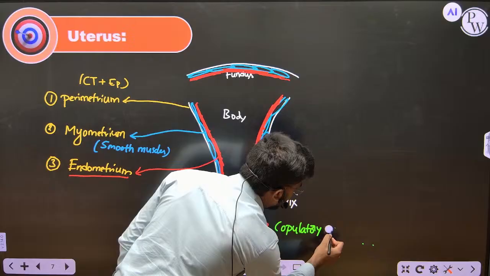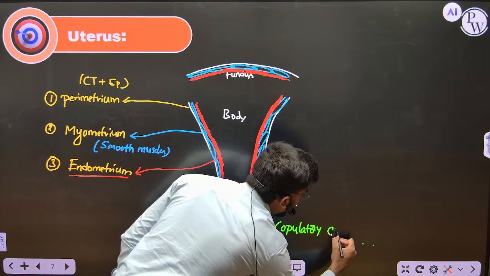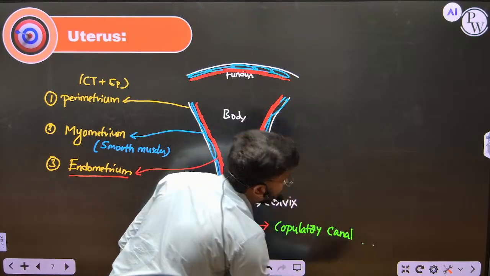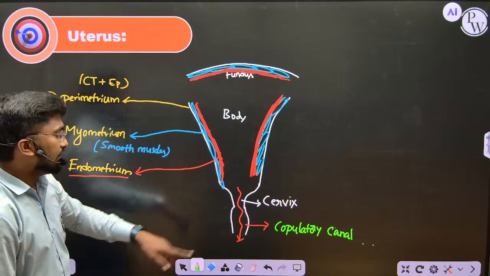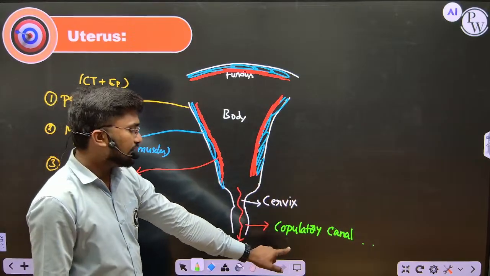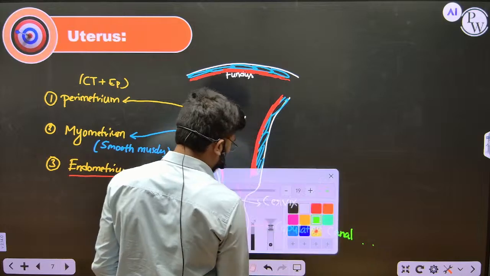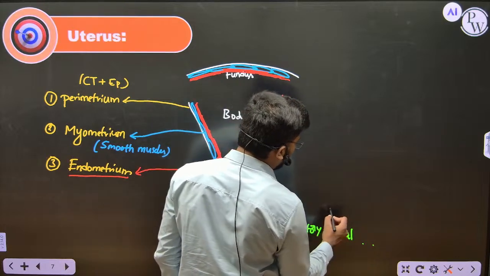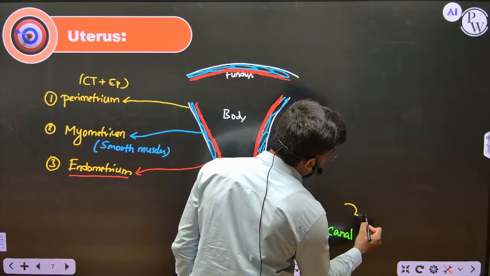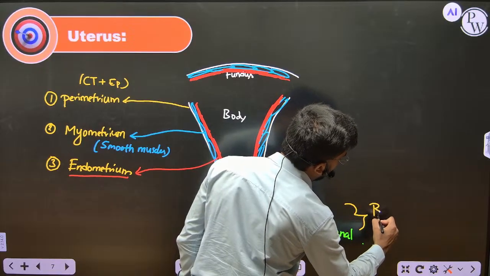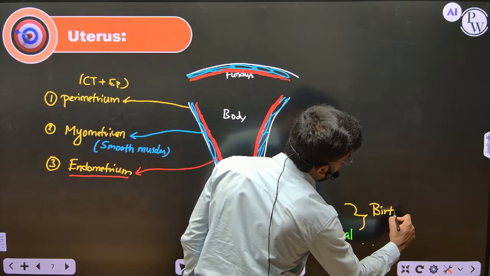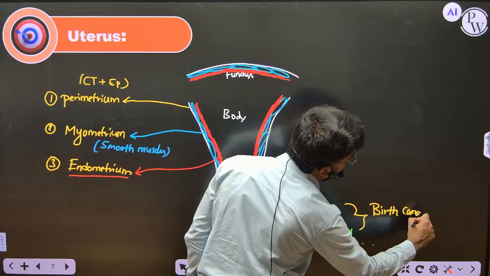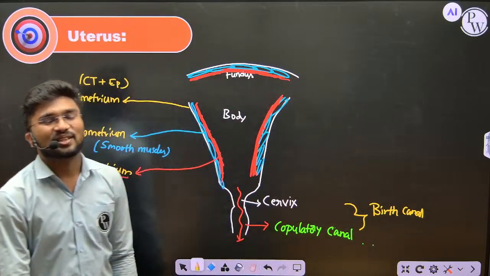This cervical canal as well as the copulatory canal or vaginal canal together, we call the birth canal. Are we clear?